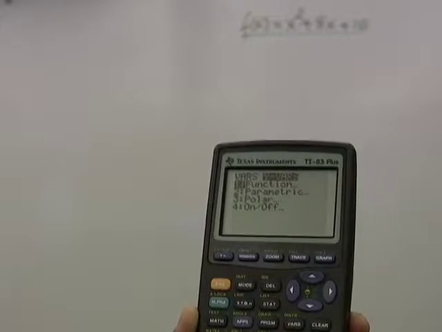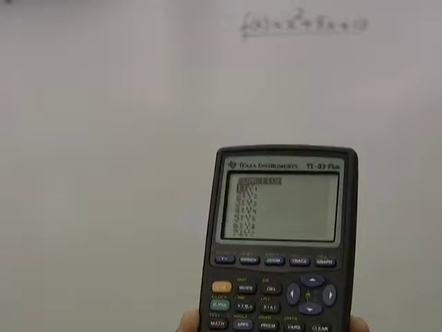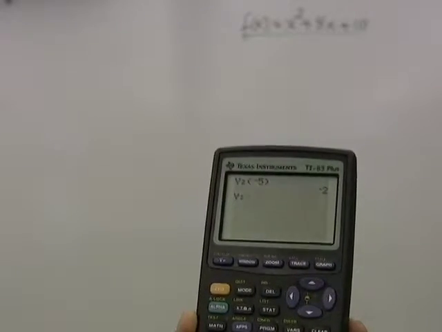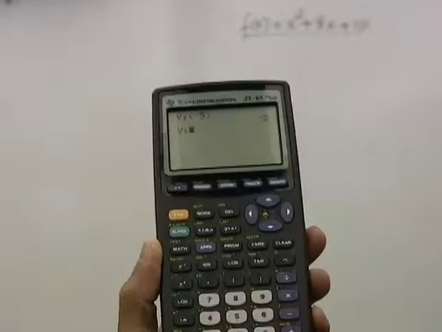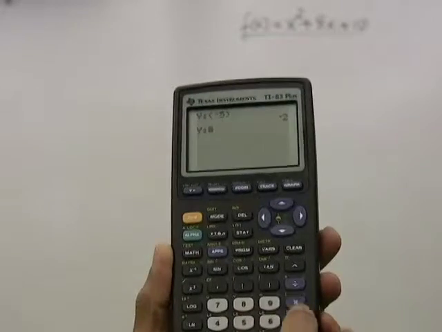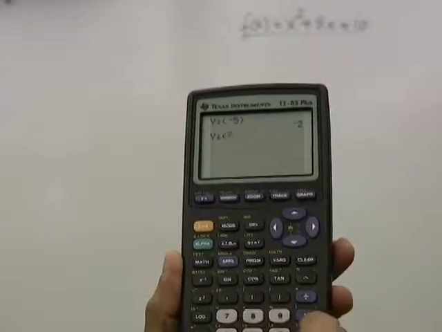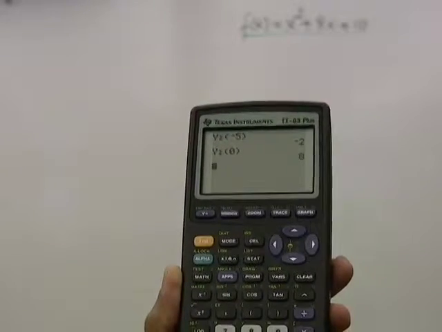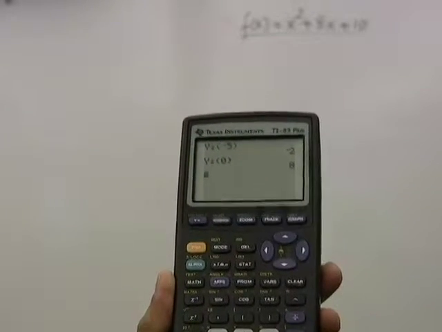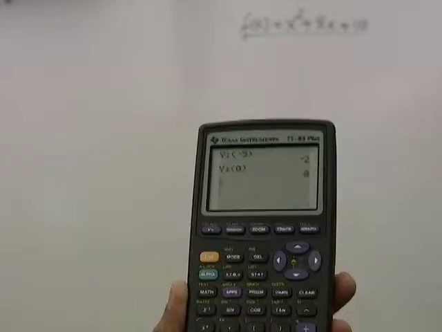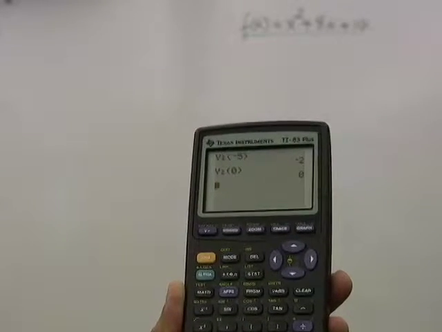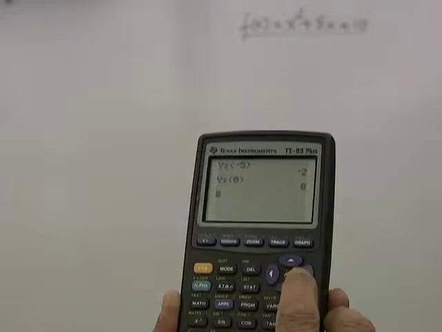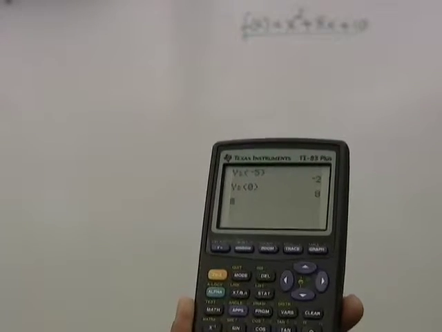Similarly, let's go to y2, and the second test number we chose, I think, was 0. y2 of 0 is 8, telling you that it is positive. And then we wanted the function value at the critical number. Remember, the function is y1.